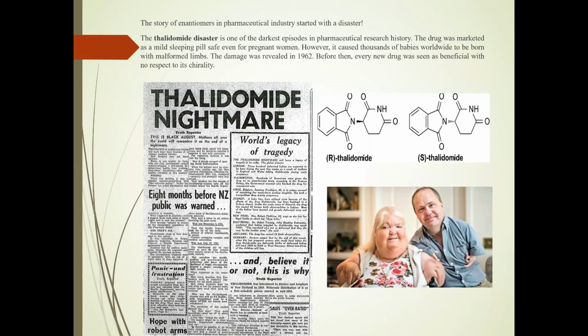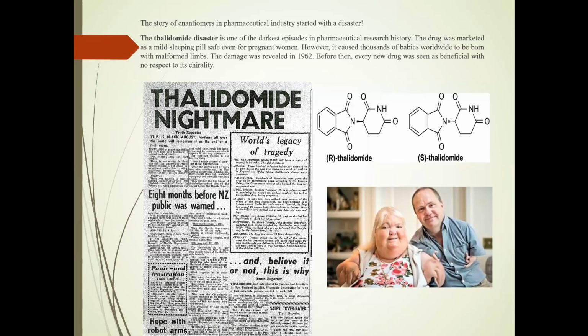So the story of enantiomers in the pharmaceutical industry actually started with a disaster. In 1962, thalidomide was used as a sedative for pregnant women, but the problem was that at that time there was no idea about the importance of enantiopurity of drugs in the pharmaceutical industry.